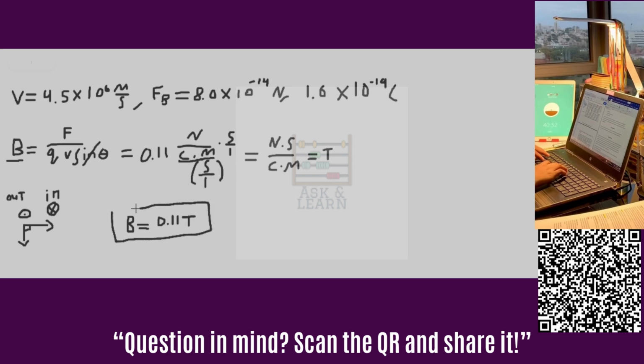Now to find what would happen with an electron, as I said earlier, electrons and protons have the same charge. That wouldn't affect any of the numbers. For the proton, it's directed out of the page, as we discovered with the right-hand rule.